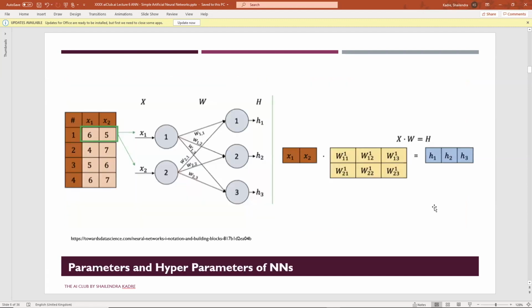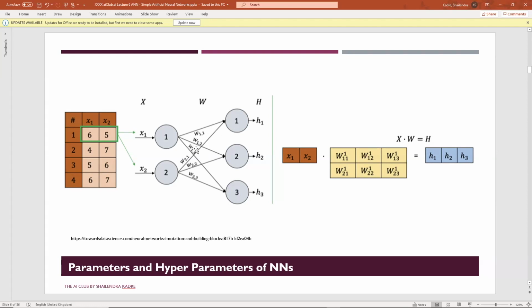Let us first see a simple neural network: an input layer with 2 inputs, x1 and x2. Then there is one hidden layer with 3 neurons. You see that the first input node is connected to all the 3 neurons of the hidden layer.